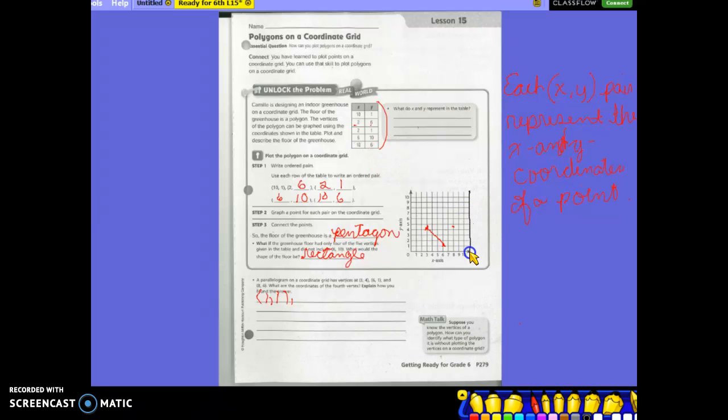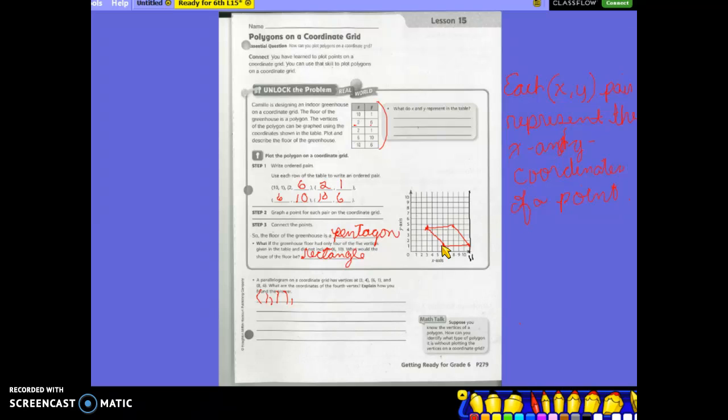We can do 7, 8, too. Okay, let's finish this one. So we said we could do 11, 1, which would be right here. I must not have that one where it needs to be. What was our first coordinate? Something 8? 3, 4, 6, 1, 8.